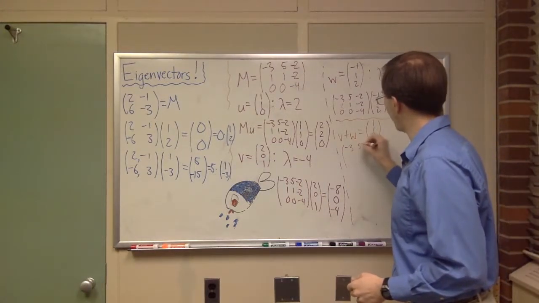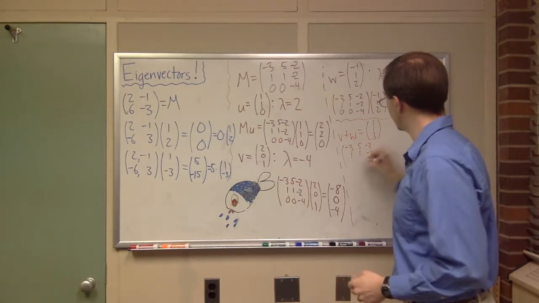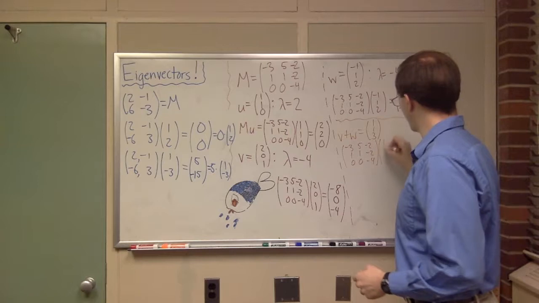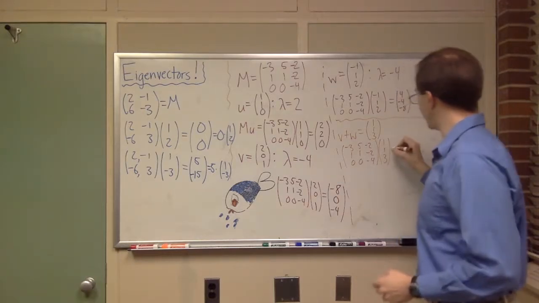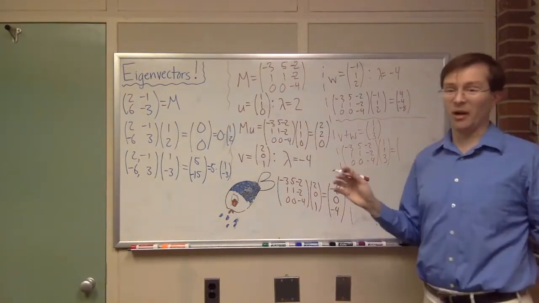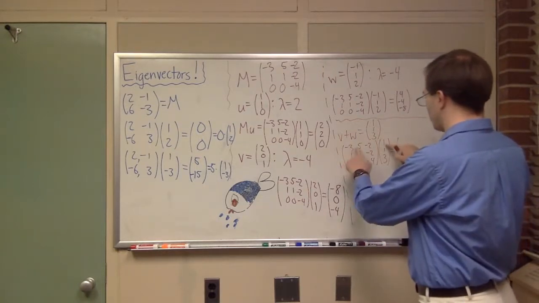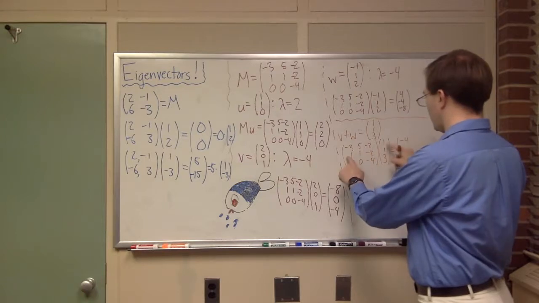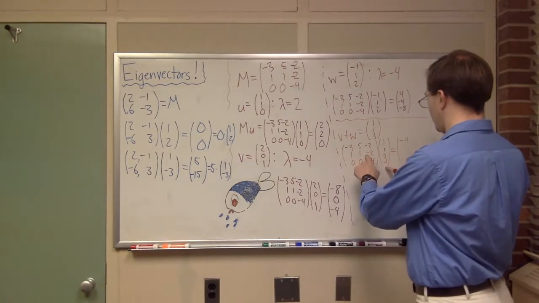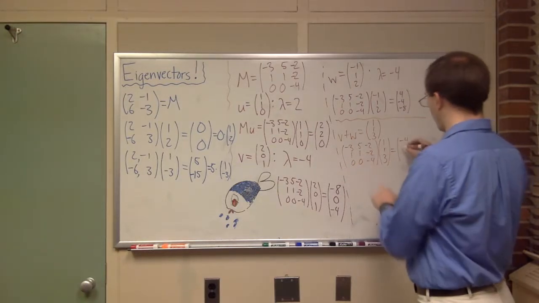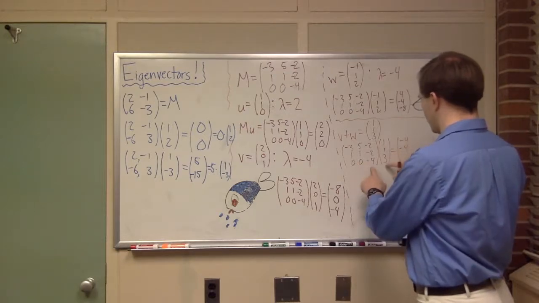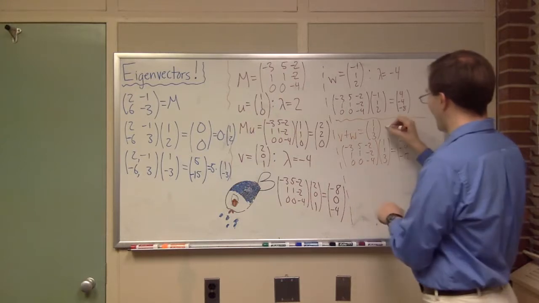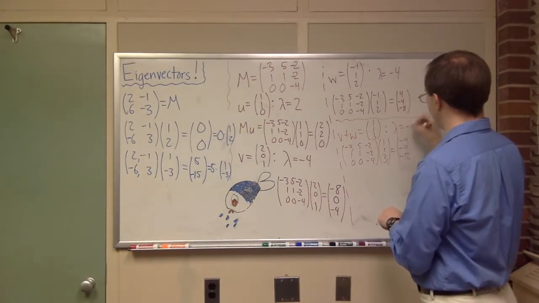Minus 3, 5, minus 2, 1, 1, minus 2, 0, 0, minus 4, times 1, 1, 3. Minus 3 plus 5 is 2, minus 6 is minus 4. That's 1, 2, minus 6 is minus 4. And that's 0, 0, minus 12. And that is, in fact, lambda equals minus 4 again.